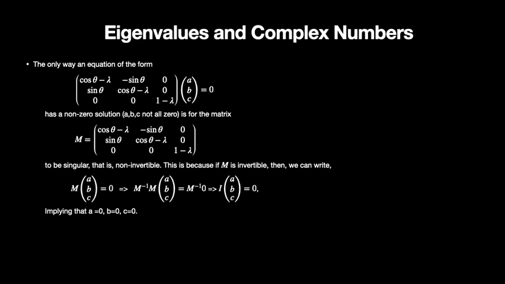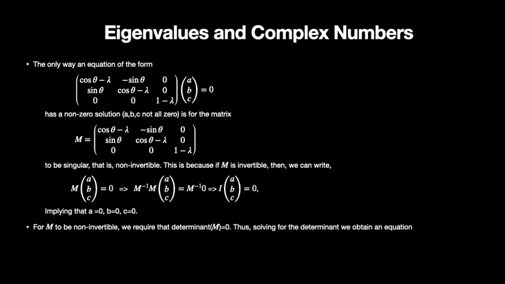It's just dealing with not a vector at all, but a point, which is a equals b equals c equals 0. So for us to have a non-zero solution to this equation, what we explicitly want is that the matrix M should be non-invertible, because if it is invertible, then the only possible solution is that we do not have any eigenvector.